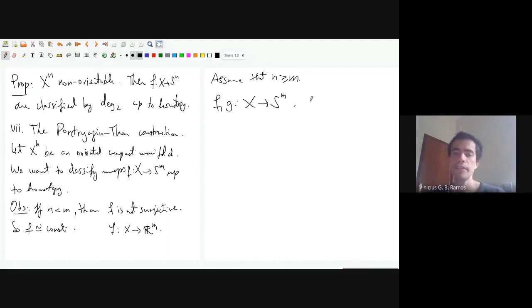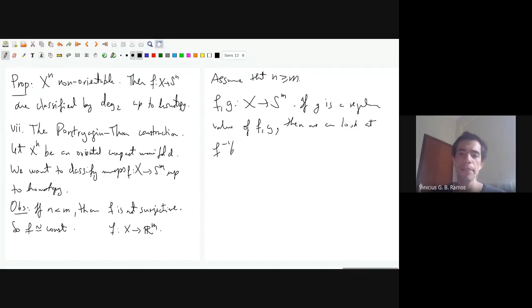The first thing you see is that when you take Y to be a regular value of both F and G, we can look at the pre-image of Y by F and by G. But now these are no longer points. They are (n minus m)-dimensional manifolds.